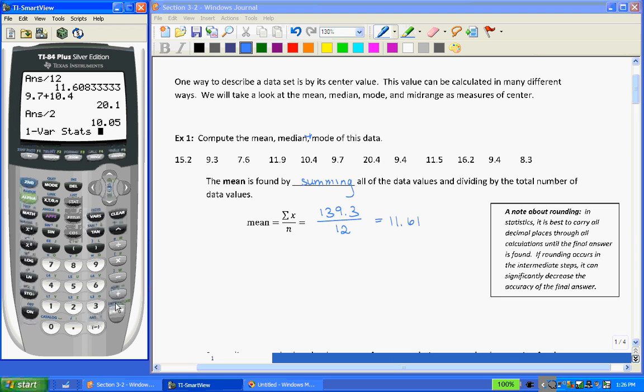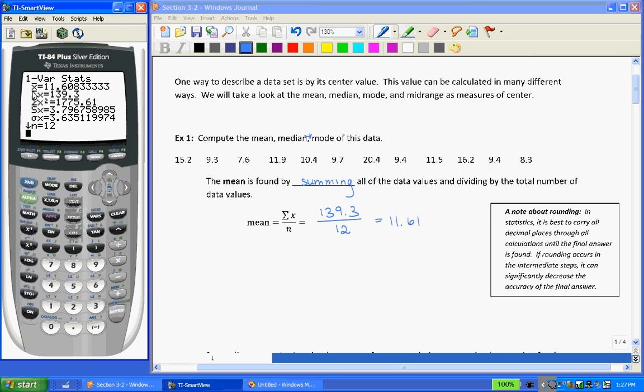I have to tell my calculator which list to run it on. We put our data in list 1, and here's that notation, L1. So I press second and the number 1 to get to L1, and then press Enter, and the calculator gives me a bunch of statistics back.